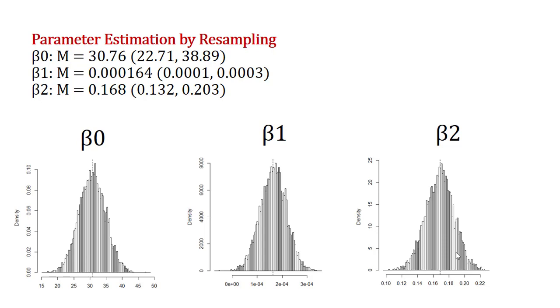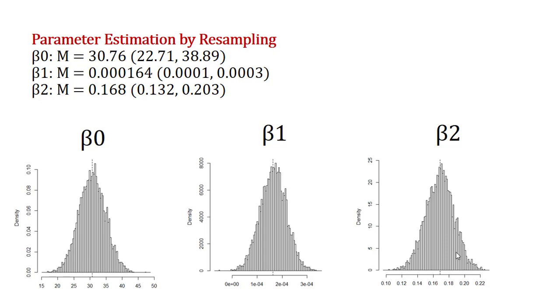So I generate a new sample with the same number of rows of values that were in the original, but obtained randomly. So basically we've got a new sample.